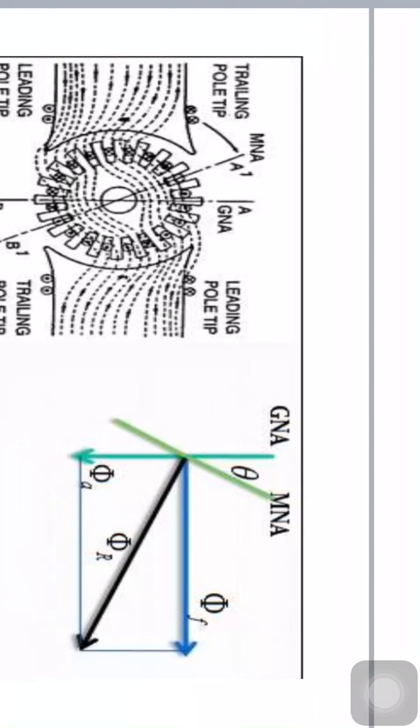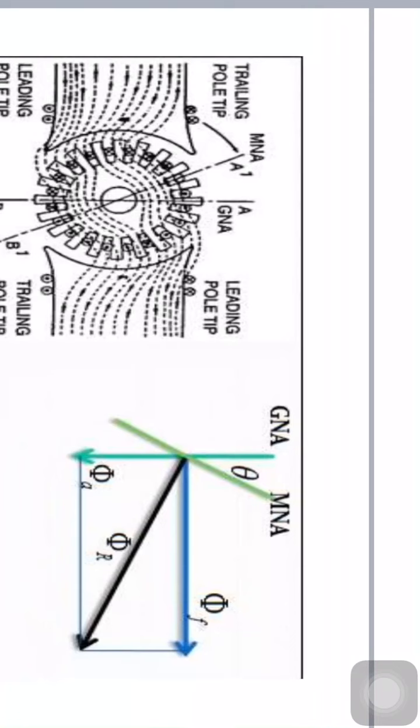The effect of total flux reduction by armature reaction is known as the demagnetization effect. The flux wave is distorted and there is a shift in position of the magnetic neutral axis in the direction of rotation for the generator and against the direction of rotation for the motor.